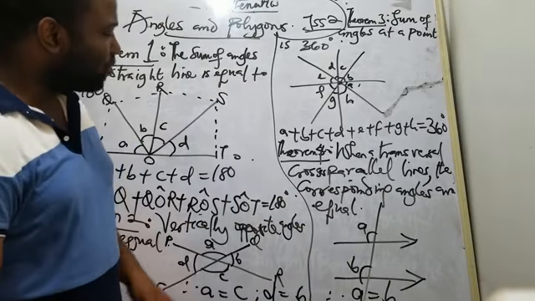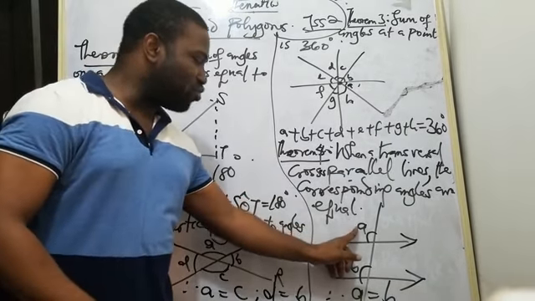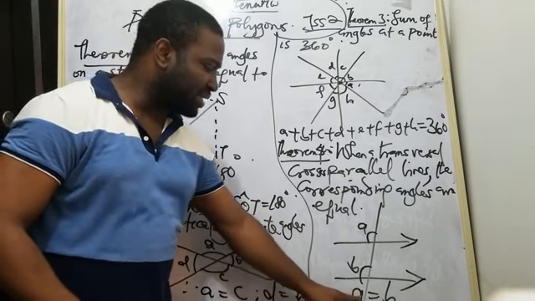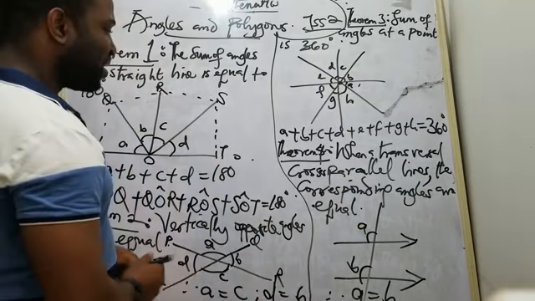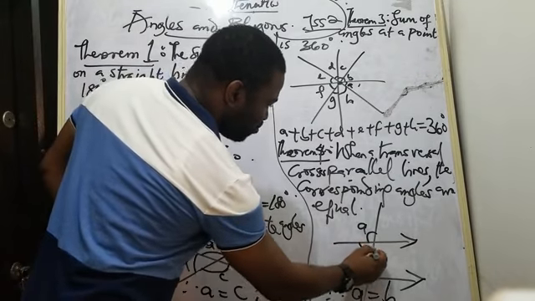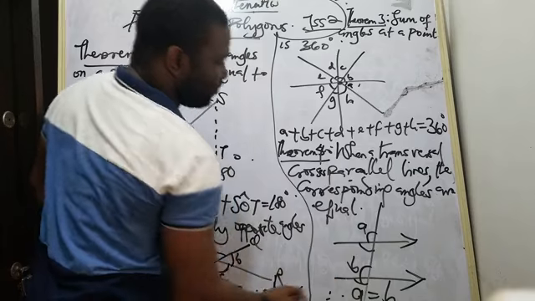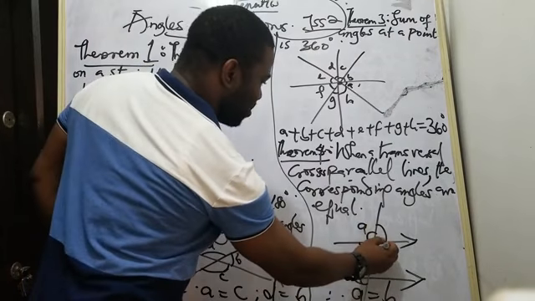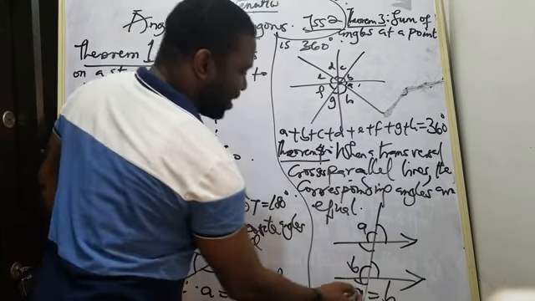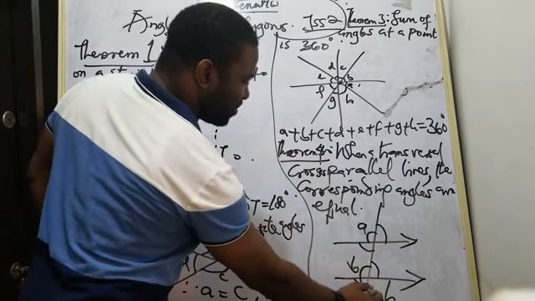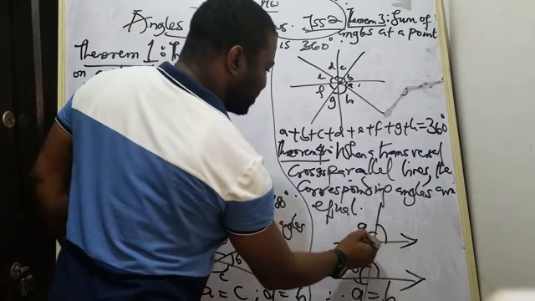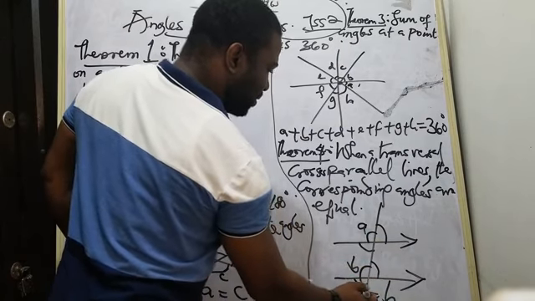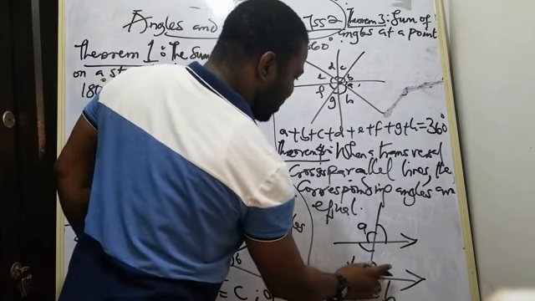Are you following me? So the principle is that the angle here will be equal to the angle here. Even the angle here will be equal to the angle here, and so on and so forth.